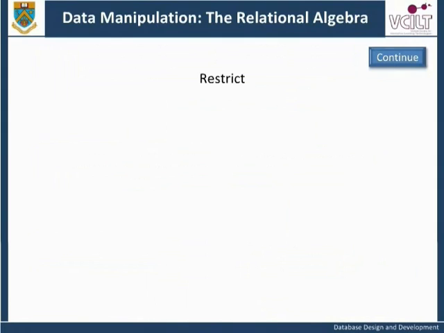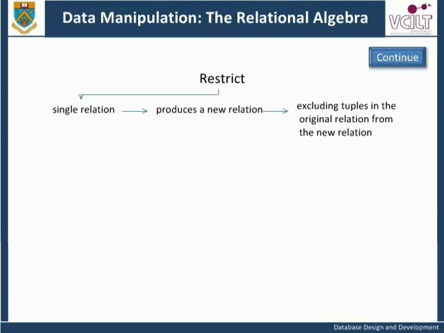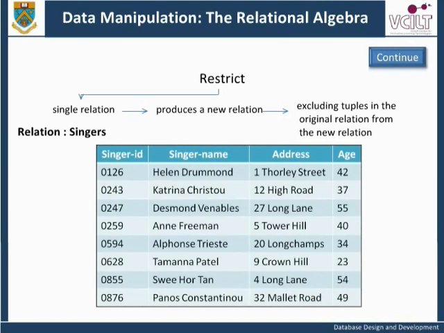Restrict, also known as select, is used on a single relation, producing a new relation by excluding, restricting, tuples in the original relation from the new relation if they do not satisfy a condition. Thus, only the tuples required are selected. This operation has the effect of choosing certain tuples (rows) from the table, as illustrated in the diagram.